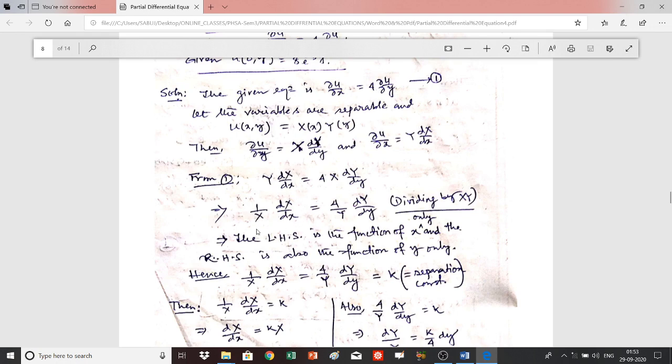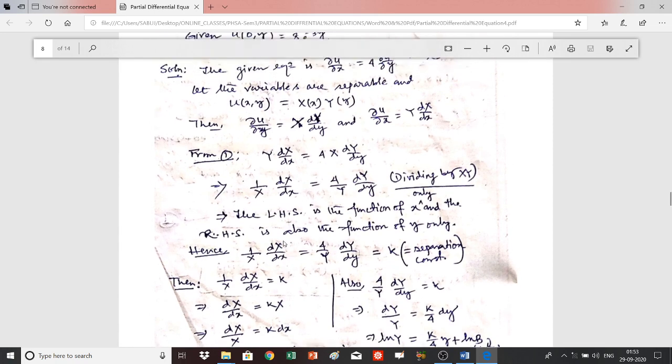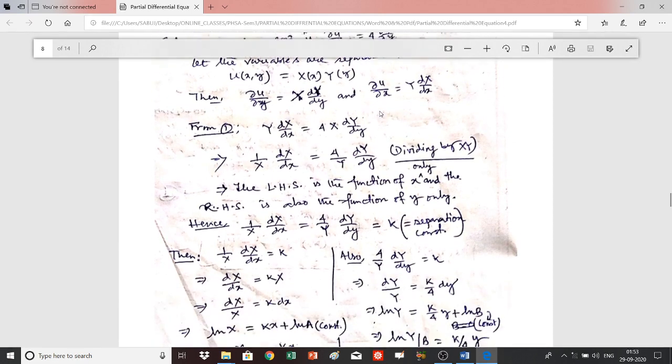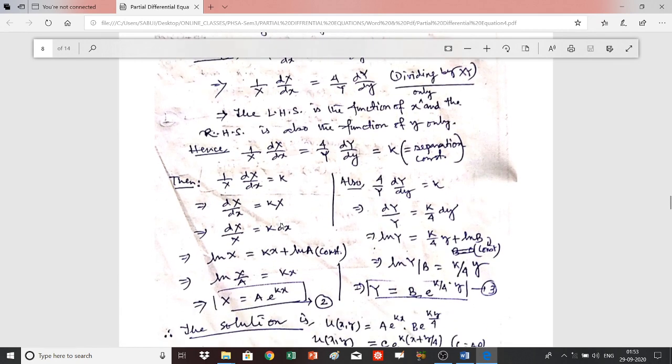The left hand side is a function of only x, and the right hand side is a function of only y. So this is independent of y and this is independent of x. So both of them are constants, and that is taken as k. That is called the separation constant. So we obtain two ordinary differential equations from this partial differential equation. The first is (1/X) dX/dx is equal to k, and its solution leads to X is equal to a e to the kx.